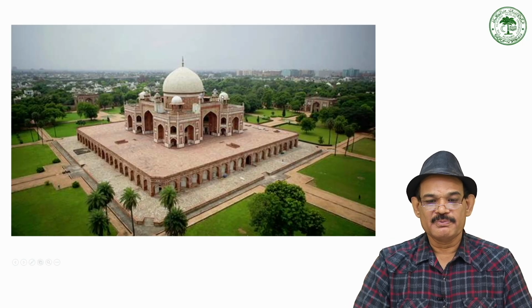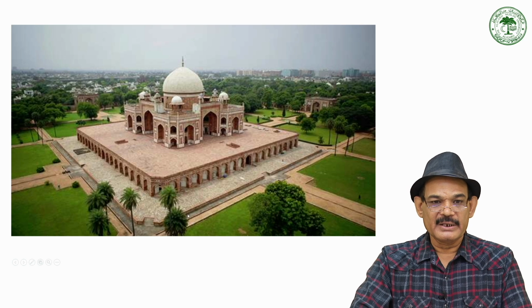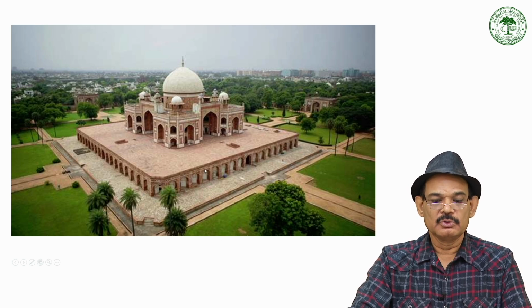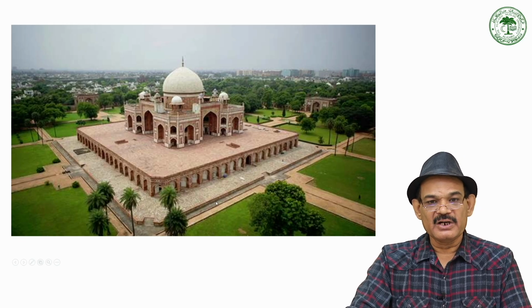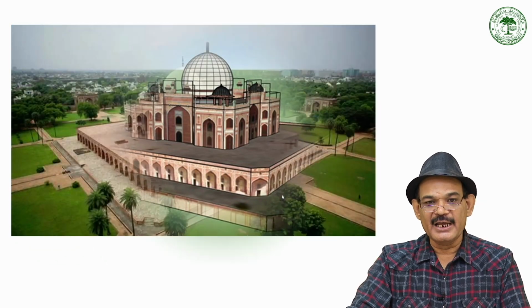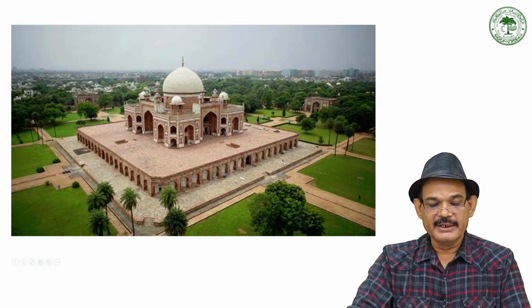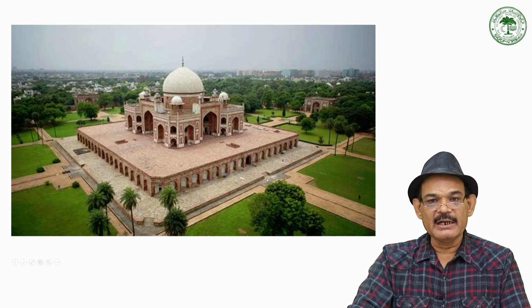Humayun's tomb is very interesting. The main mausoleum stands on two platforms. The first platform has a height of 1.52 meters. It is entirely built of red sandstone, and at the cardinal points there are staircases to reach the terrace.